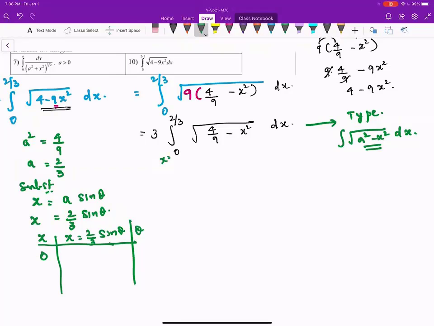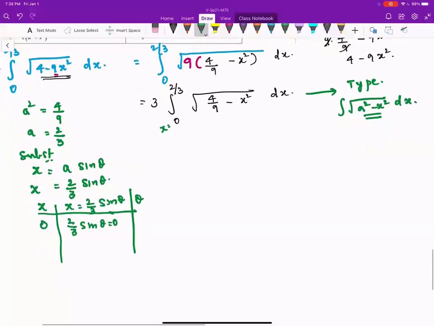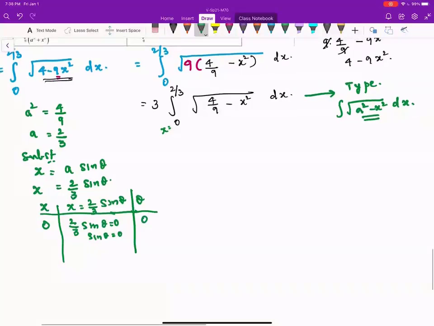So what does that mean? 2/3 sine theta equal to 0, which means sine theta equal to 0. If sine theta is 0, theta equal to 0. Now, the upper limit for x is 2/3. That means 2/3 sine theta equal to 2/3, so sine theta equal to 1.